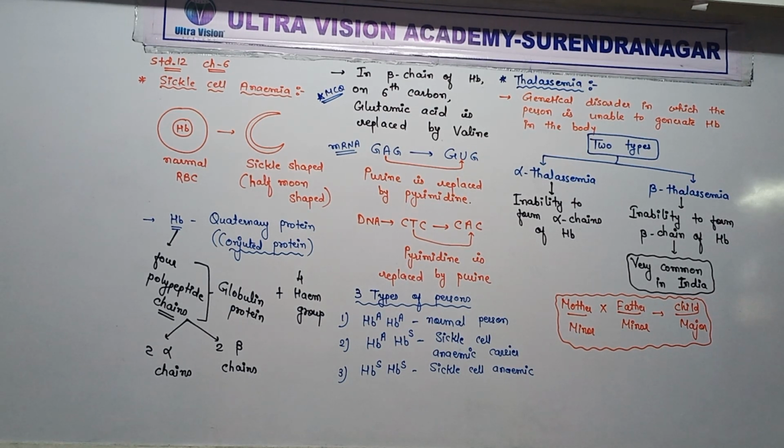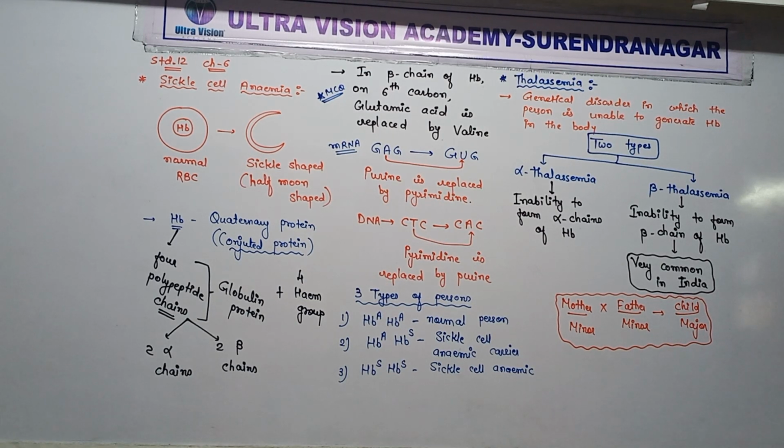Sickle cell anemia and thalassemia, in your textbook that line is given there: quantitative and qualitative. Which disease is of which one?